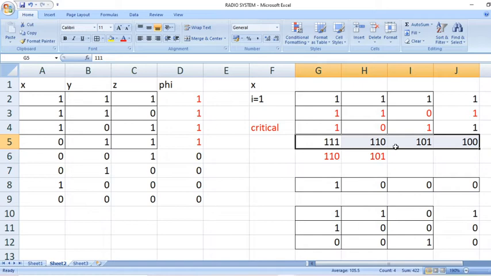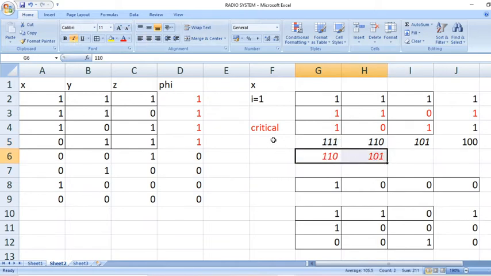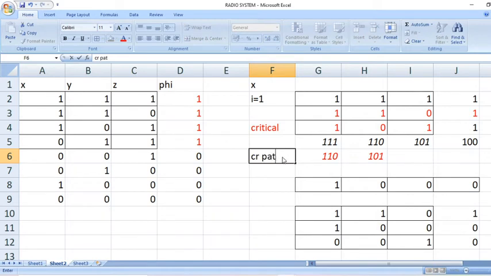And among these four vectors, these three are path vectors. Among these path vectors, these are critical. These are critical path vectors.